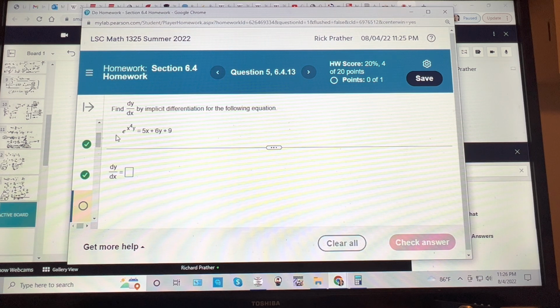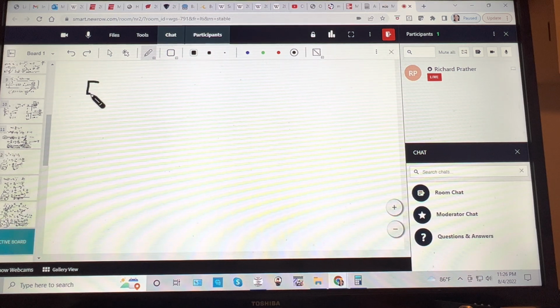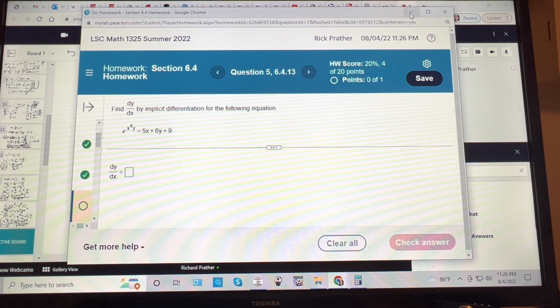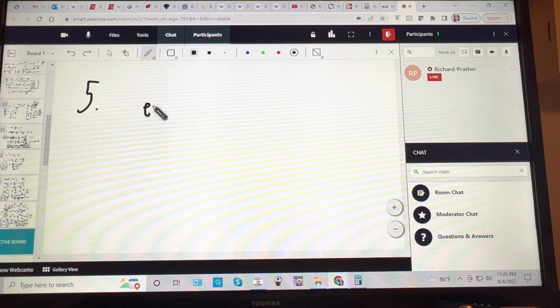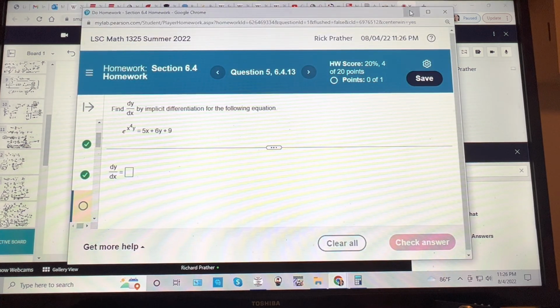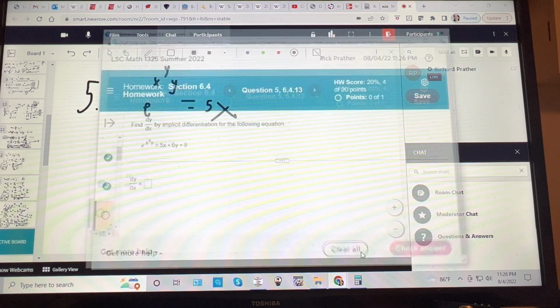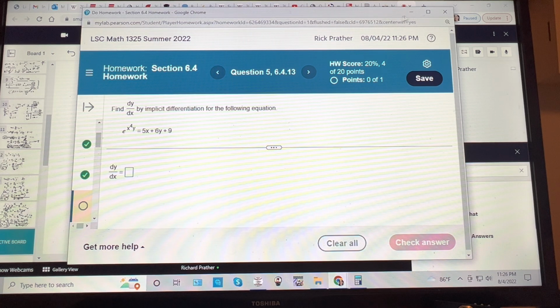Okay, so here's an exponential. This looks like a really good one, actually. Number 5, it's got an exponential, and there's even a product rule in the exponent. e to the x to the fourth y equals 5x plus 6y plus 9.